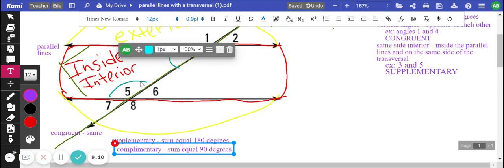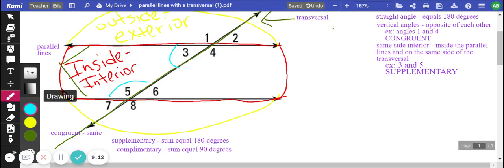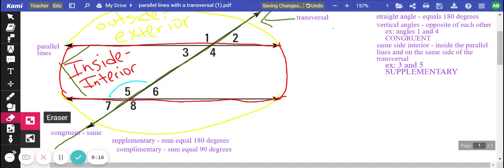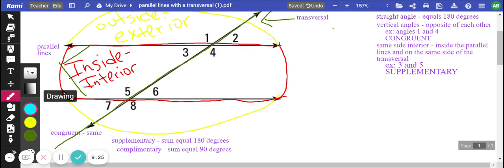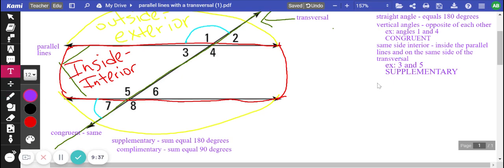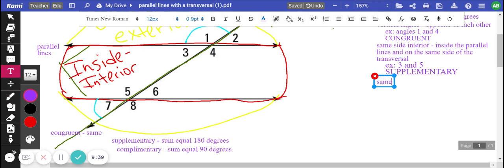Okay. Now, the next set of angles that we have, we can say same side exterior. So remember, exterior is outside. So an example of those would be 1 and 7.